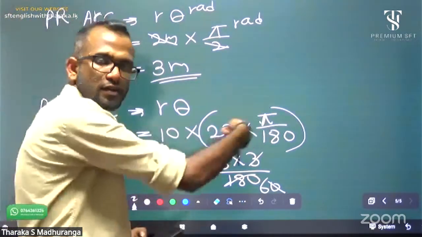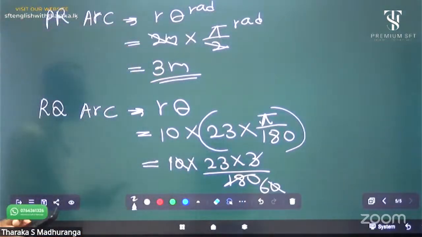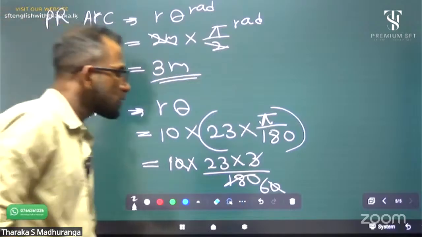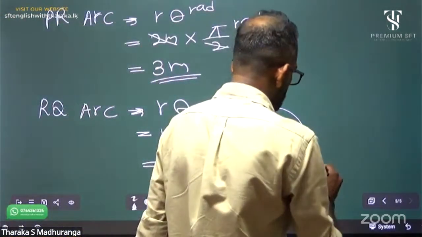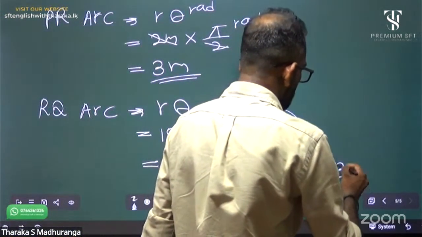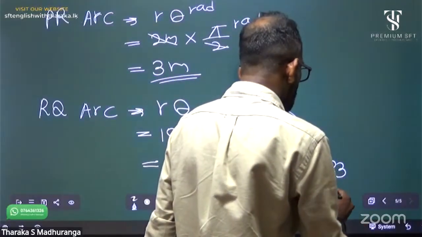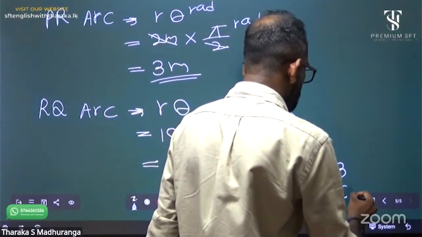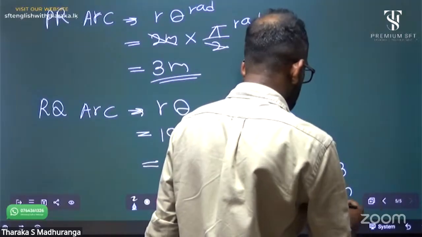I think you got this, right? I directly convert to radian. 23 times 20 over 6 is 3.83. To the nearest whole number, it is 4 meters.